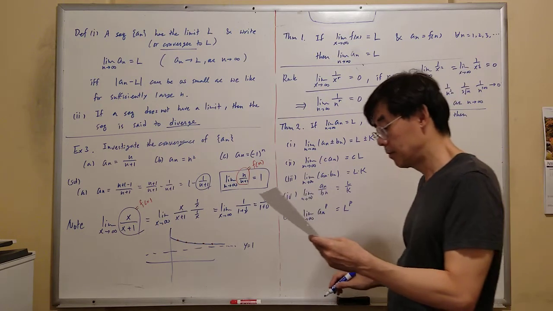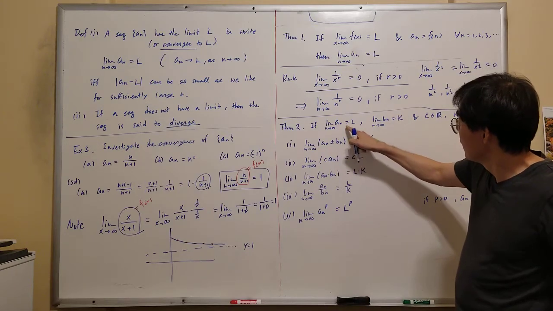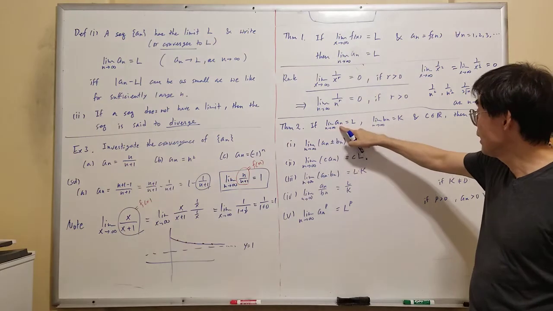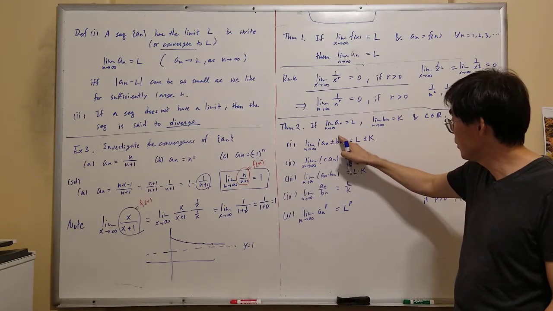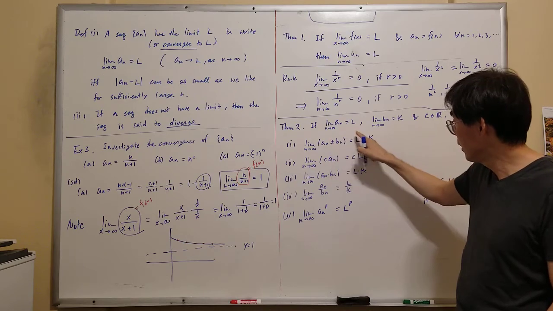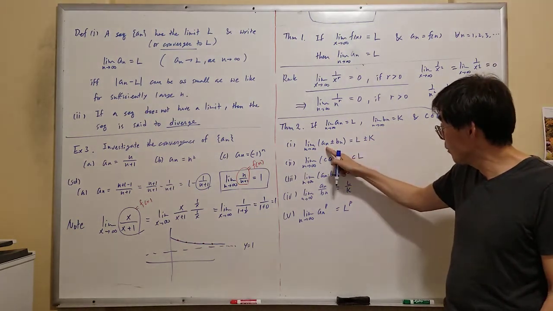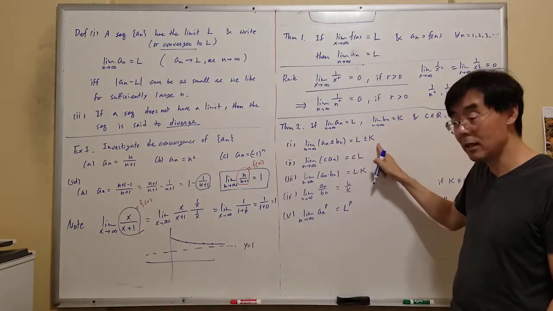All right. Now think about it. This means that if n is a sufficiently large number, a_n is almost L, b_n is almost k. So a_n plus b_n will be almost L plus k, isn't it? Almost L value minus almost k value will be almost L minus k.